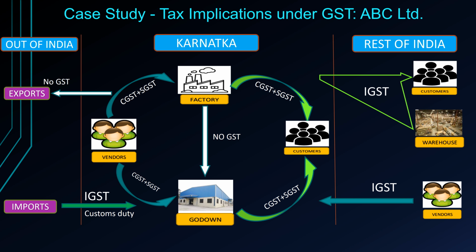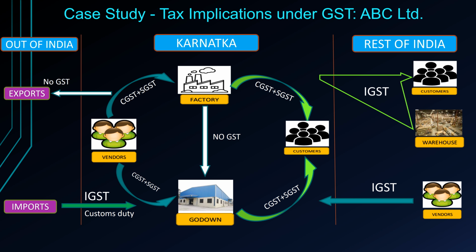Now, there could be various situations where a user can have all the purchases or materials as imports, which will give rise to IGST credit. Now, the SSE can make sales only in Karnataka, so the entire liability is only CGST and SGST.